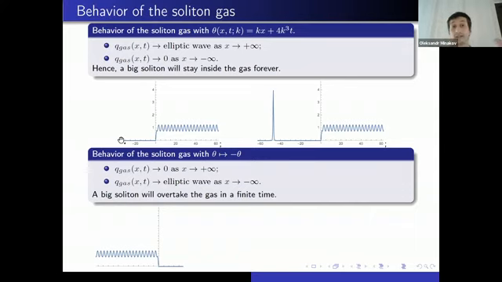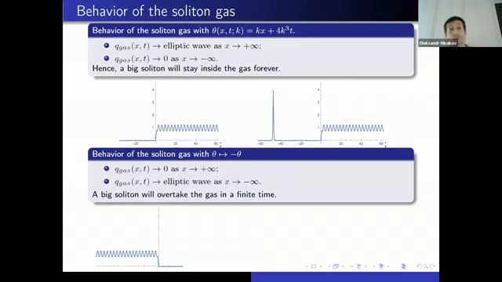So in this way we can add an additional big soliton on the left. As time propagates, it will move to the right and start interacting with each of these solitons. It will last forever because it will be faster than any particular soliton, but there are infinitely many solitons.